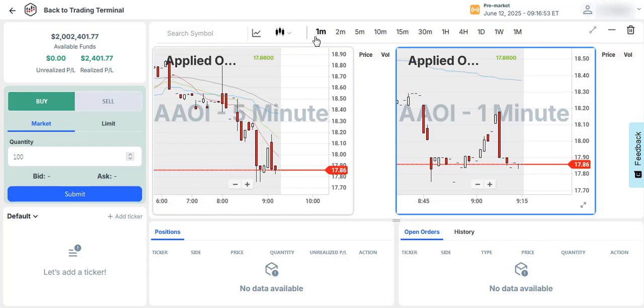What I'm looking for here is some smooth movement pre-market. If I see things that jump from here to here with these little dashes, we'll get into that later, but if you see really choppy movement, that's something I tend to stay away from. It's unpredictable, and chances are I'm going to lose money on the trade.